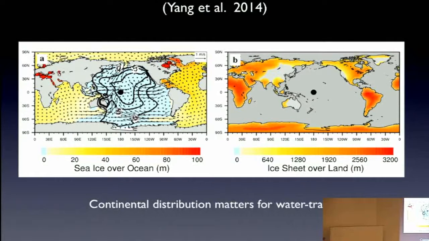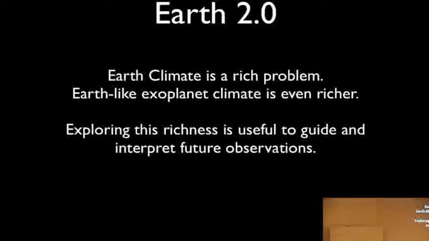So what I'm trying to illustrate with these few slides is that we know the Earth's climate problem is rich and complex. When you get to exoplanets, there are even more interesting things happening. It's a very rich problem, and so people are exploring from a theoretical point of view what might be happening, what sort of climates we might achieve on those planets.